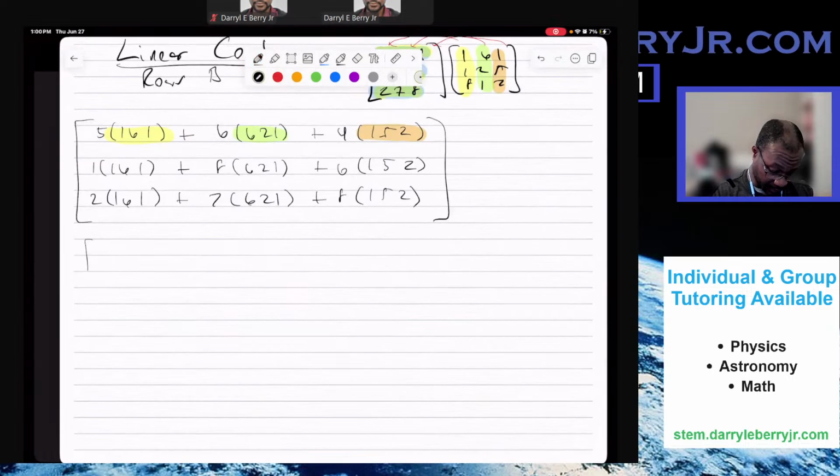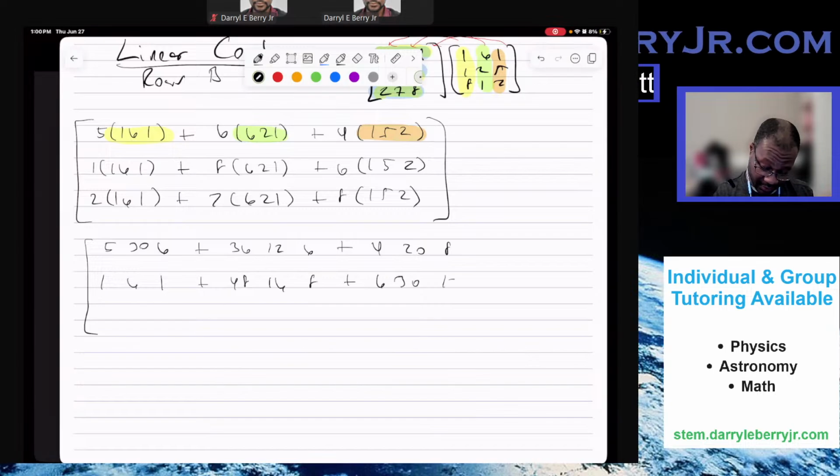So we have 5, 3, 6 plus 36, 12, 6 plus 4, 2, 8, 1, 6, 1 plus 48, 16, 8 plus 6, 30, 12. And we have 2, 12, 2 plus 36, 14, 7 plus 8, 40, 16.